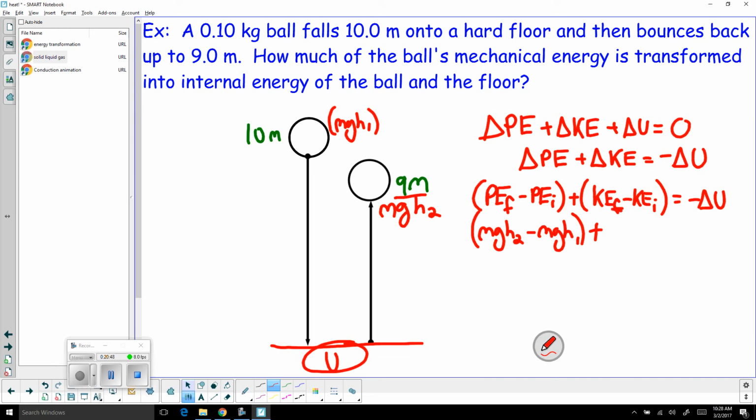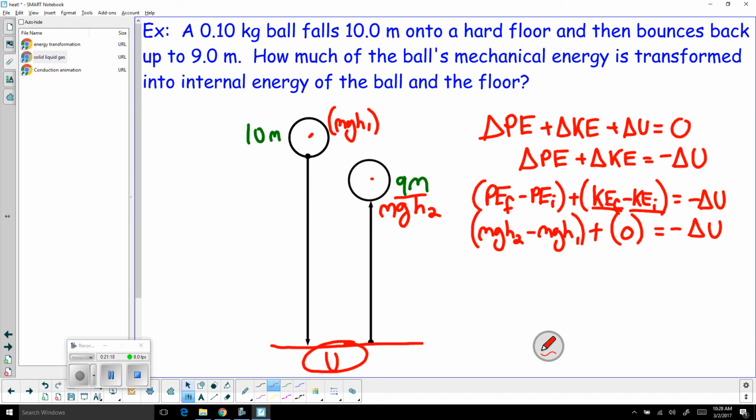Both of these terms, kinetic energy final and kinetic energy initial, are both going to be 0, because before I drop the ball it is not moving. When the ball bounces after its first bounce to a height of 9 meters, the ball is temporarily not moving. So both those values are 0, which makes it nice and easy.